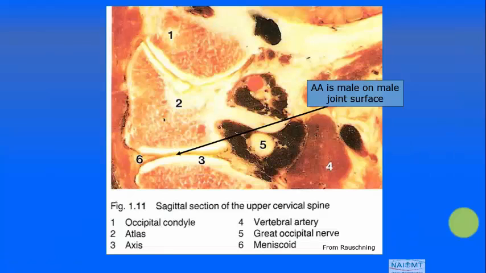This is a sagittal section taken just off midline that goes through part of the occiput and the atlas and the axis.